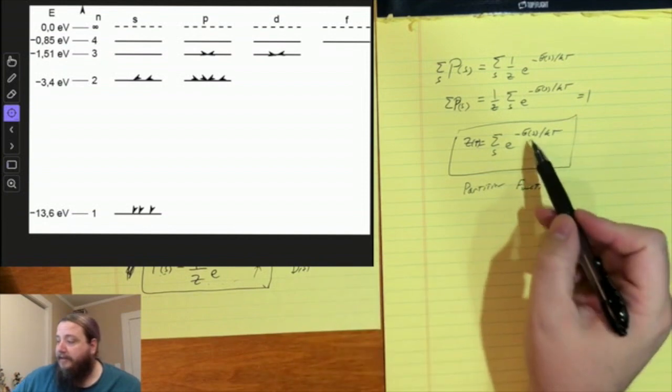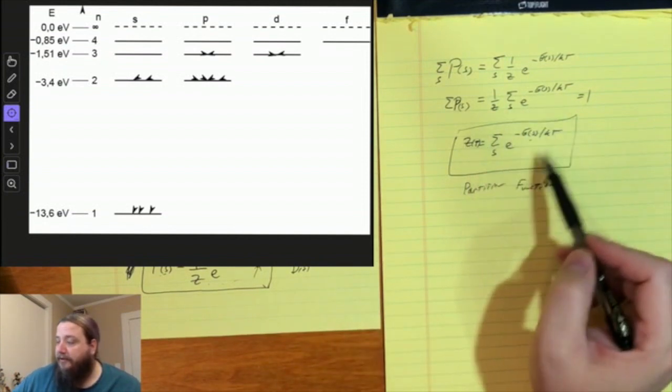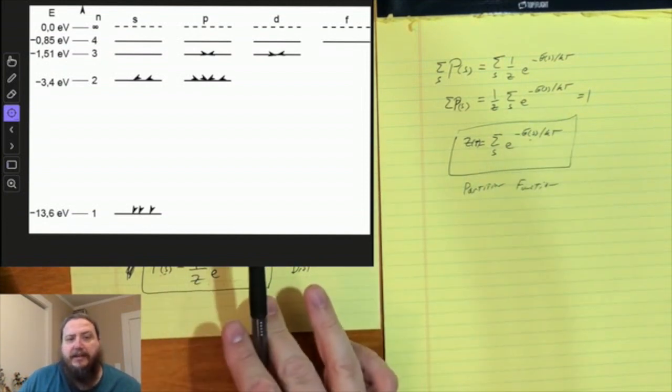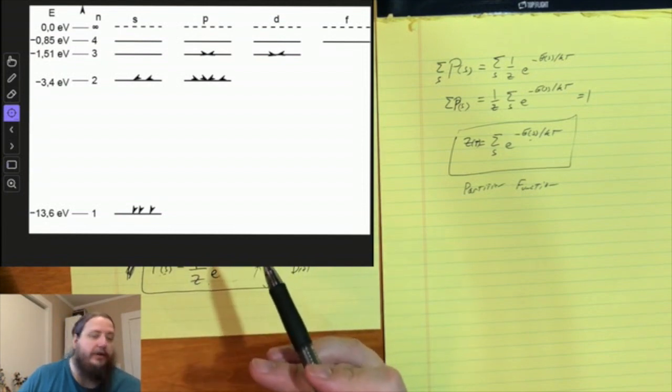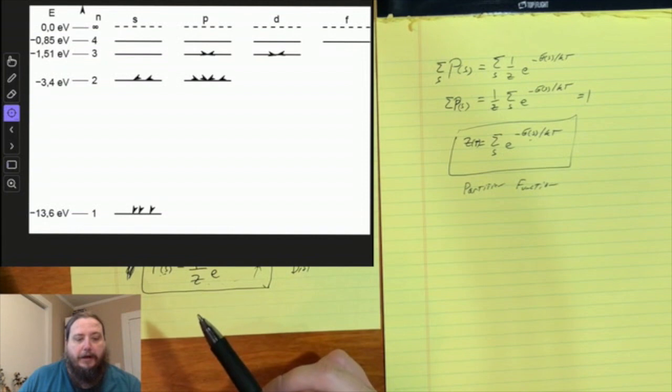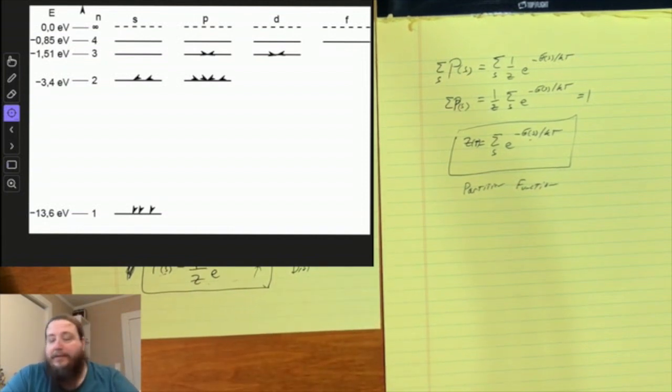And if you look at this, this partition function is essentially a probability weighted count of all of the states. And so roughly speaking, what the partition function represents is the number, if you want to think of it that way, the number of accessible states of a system at a given temperature.